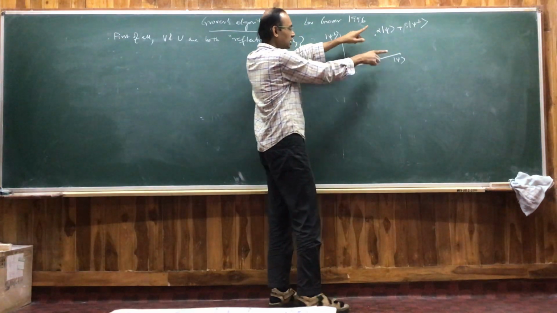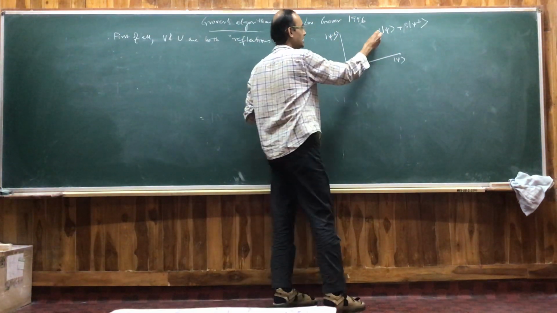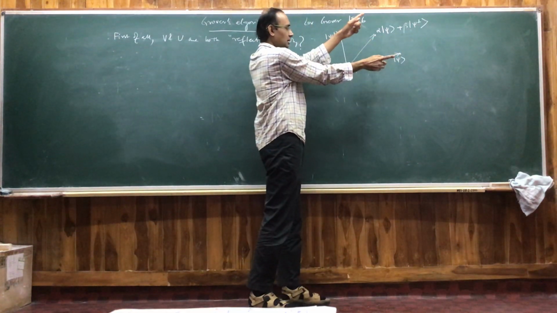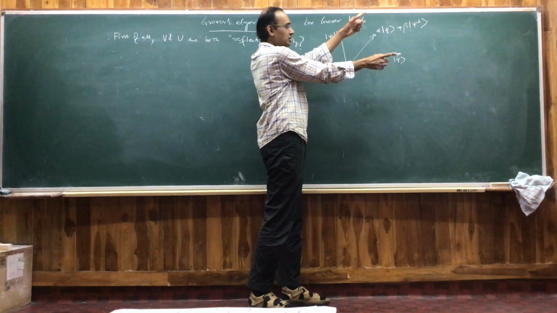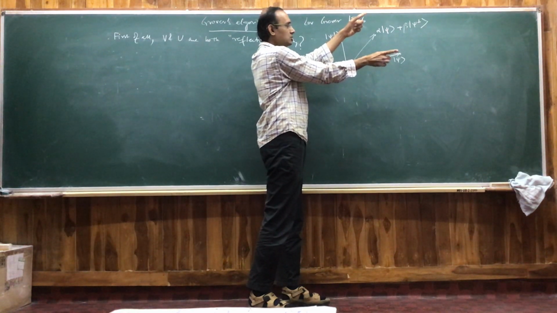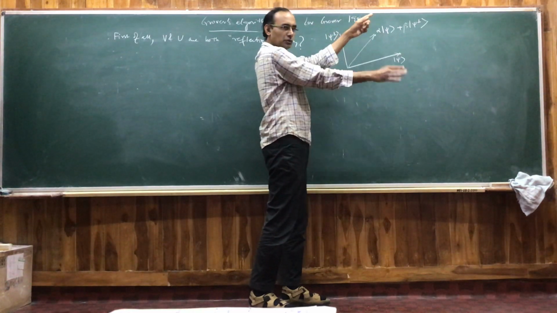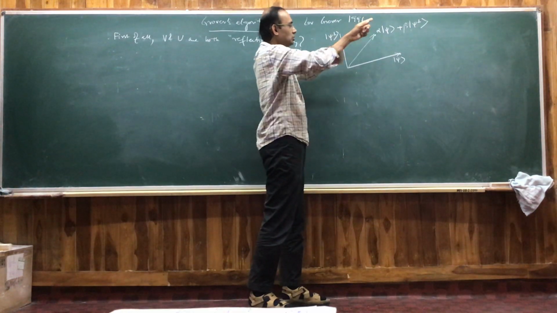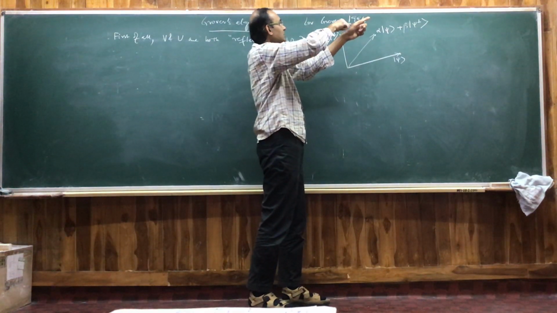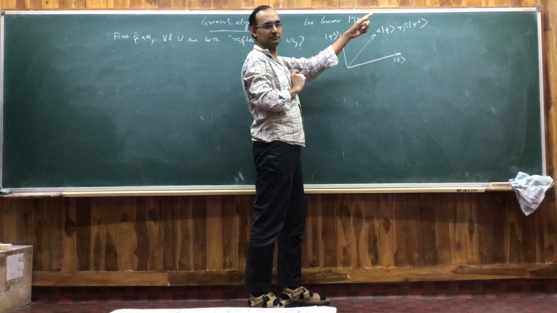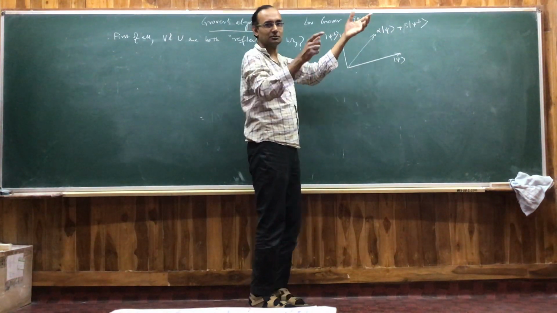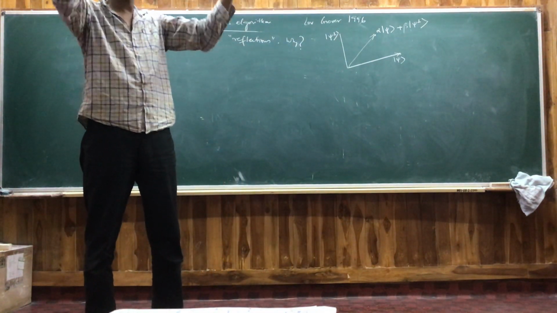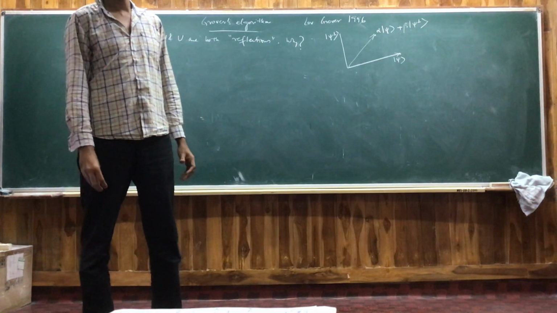Now, given any two vectors, you can always choose a plane that passes through them, and then a vector that is orthogonal to this one, so that this can be written as a superposition of this and this. This is true in the usual three-dimensional space, but it is also true in these vector spaces and Hilbert spaces.